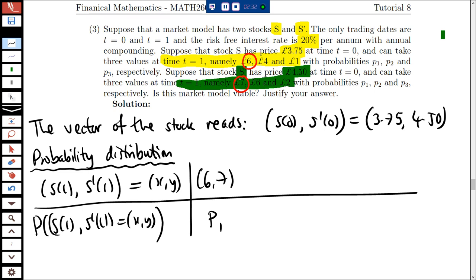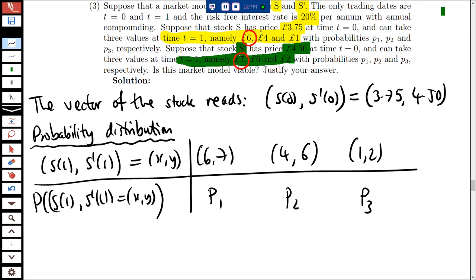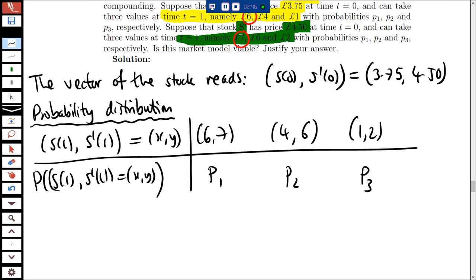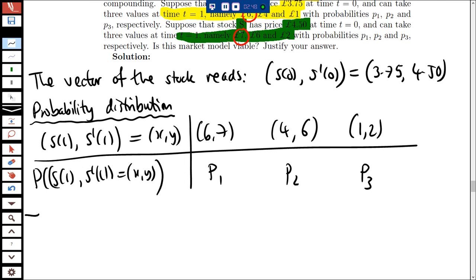Moving across, we have 4 and 6 with P2, and 1 and 2 for P3. Okay, so that's just a summary of the information I'm given.